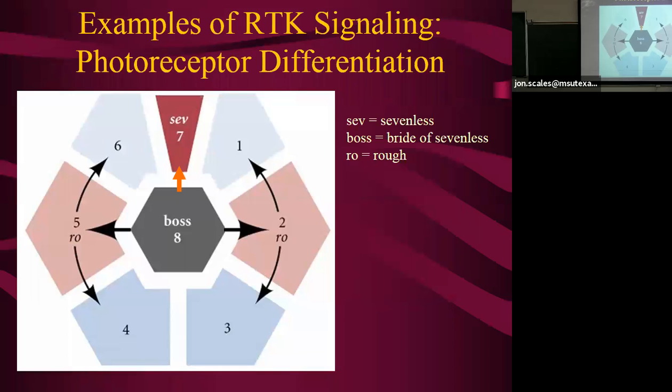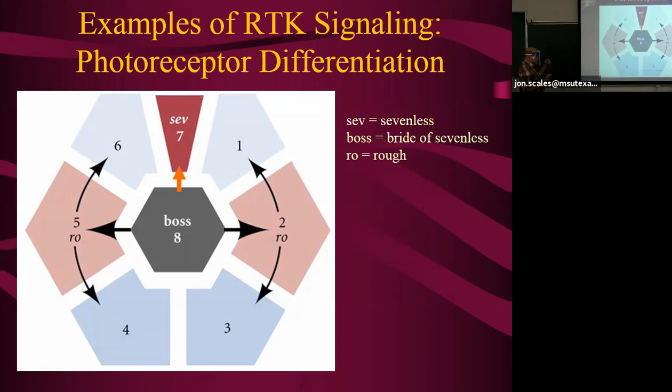Sevenless turns out to be a receptor tyrosine kinase that's expressed specifically in that R7 cell. So what was its ligand? Well, they found genes which were expressed specifically in, or made by, the R8 cell, which develops before R7.